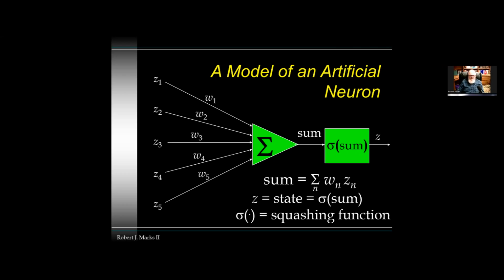So what happens is that this summation is subjected to the so-called squashing function, and that outputs a z. Now you notice this z is the same variable as the z up here, which means that this z might be transmitted to another neuron. Or heck, it might have a feedback. It might feed back into itself.